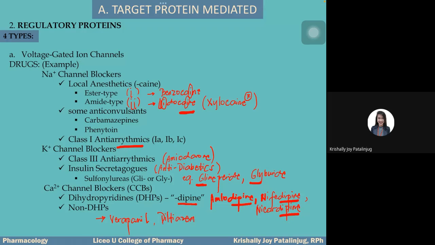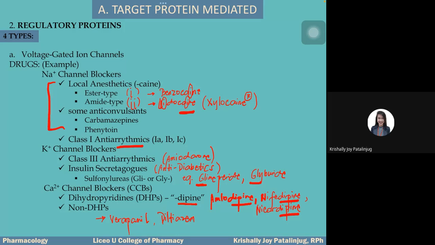Majority of the listed classes of drugs will be discussed in our proceeding topics under cardiovascular drugs, under endocrine systems. The first two general classes, the anticonvulsants and local anesthetics, were part of pharmacology 1.